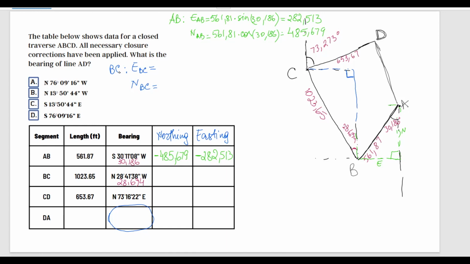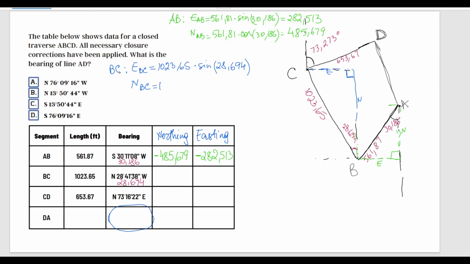So first, I'm going to start with easting, which is this over here. This is easting. This is northing. Easting is going to be equal to, again, sine because it's opposite to the angle. So we're going to have 1023.65 multiplied by sine of 28.694.